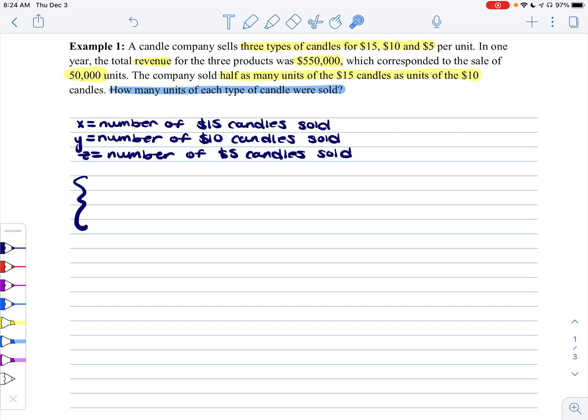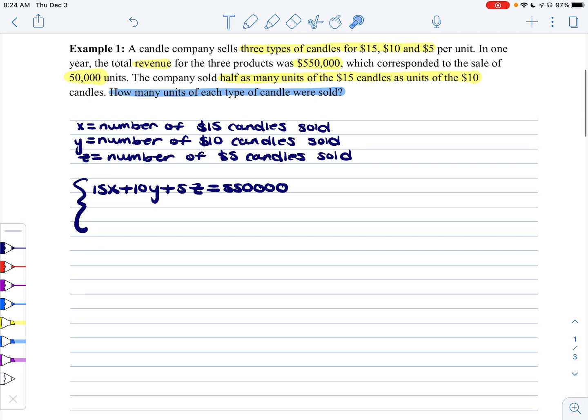This adds up to a total of $550,000. So that together is our first equation: 15x plus 10y plus 5z equals $550,000.